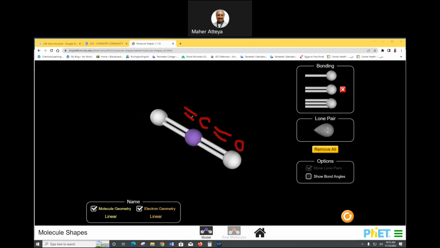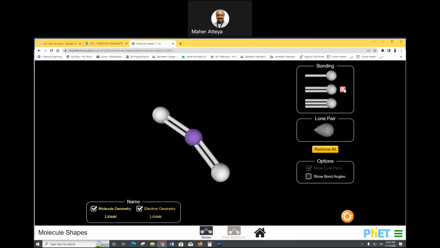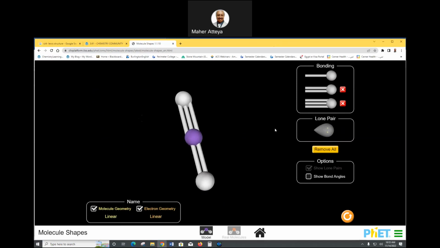This is oxygen, double bond. If I look at this, there is no lone pair. So whenever there is no lone pair, the electron and the molecular geometry are identical. So linear, linear. How about we do the triple? Let's take this one out, and add a triple here.